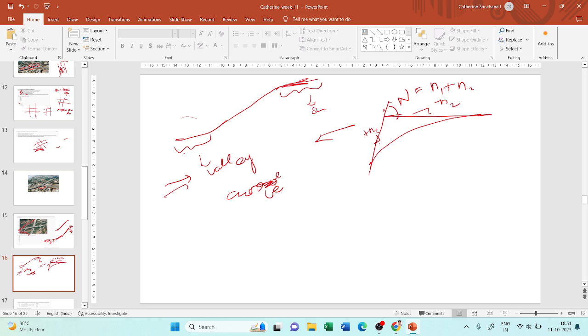Now let us come to this. If you're traveling in this direction, you will have a grade of 0, because it will be connecting to a straight road. And then you will have a positive grade, let us say plus n1. So if you find the deflection angle for these two, it will be 0 minus n1, which is minus n1.